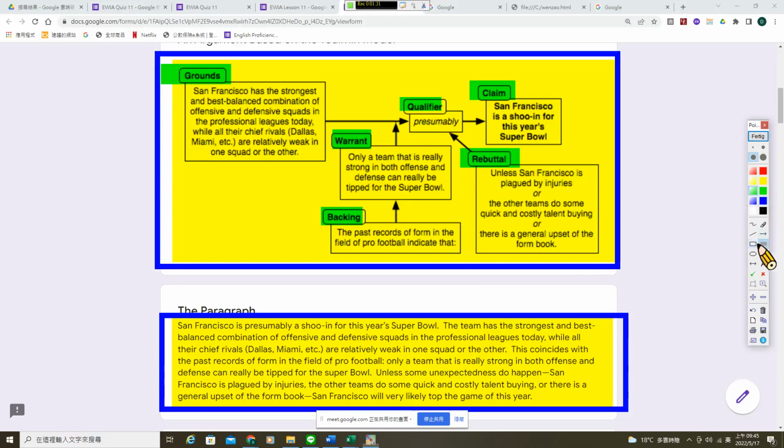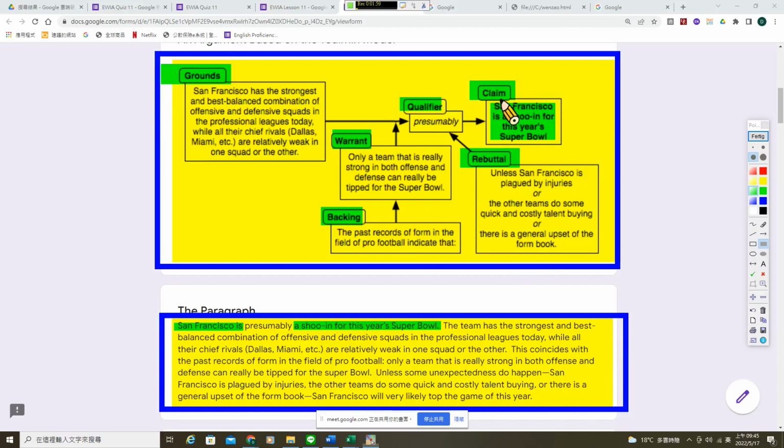The first one, claim. Claim says that San Francisco is a shoe-in for this year's Super Bowl. So basically, claim in a paragraph is actually the topic sentence. So let's see this one. San Francisco is a shoe-in for this year's Super Bowl. Did you notice the correlation between this and this, right?